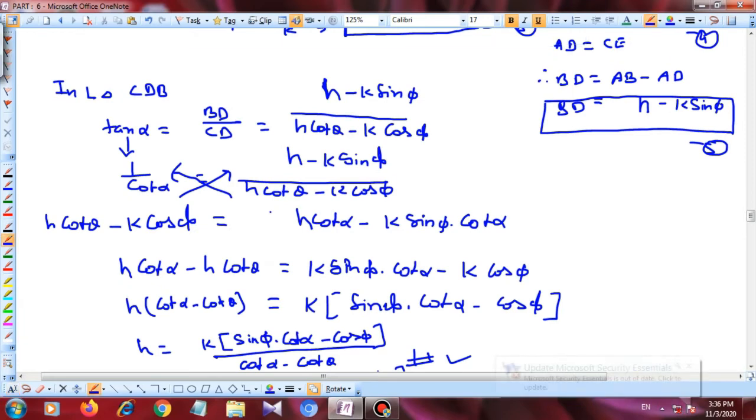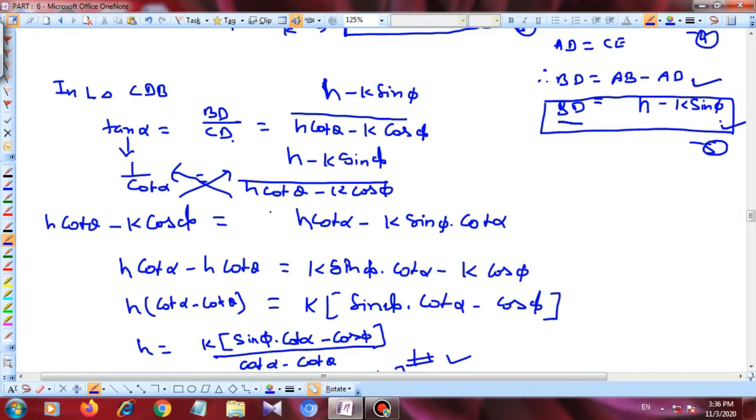So in right angle triangle CDB, tan alpha equal to BD upon CD. BD equal to AB minus AD, right? AB is H and AD is K sin phi, so BD is H minus K sin phi.